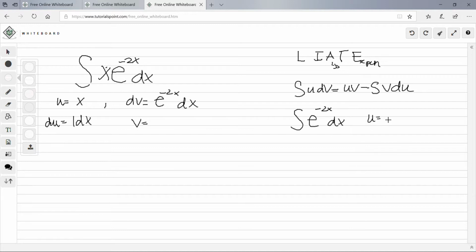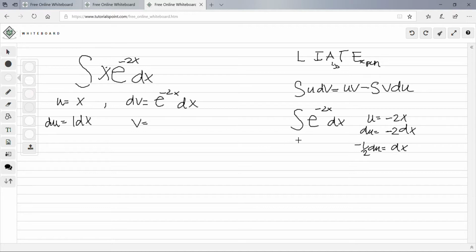Let u equal negative 2x, then du is negative 2 dx. We don't have a negative 2 in the integral, so I'm going to multiply both sides by negative 1/2. Negative 1/2 du equals dx.